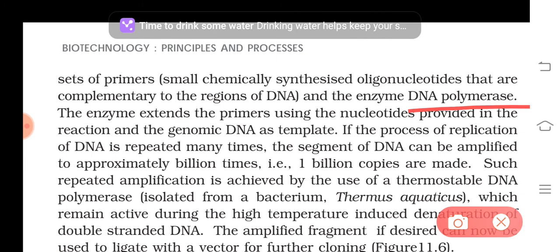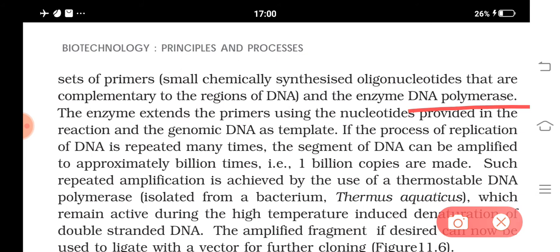So this is done by a special kind of enzyme that is obtained from a bacterium known as Thermus aquaticus. Learn this name very nicely, because it can be asked.